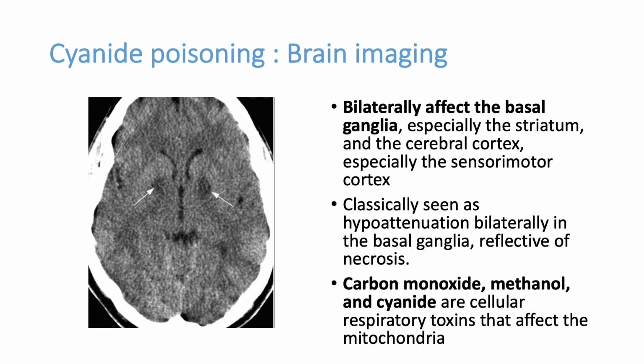So hyperattenuation can be seen in the basal ganglia. It's a classical picture seen in conditions like carbon monoxide poisoning, methanol poisoning, and cyanide poisoning. So this patient is admitted with cyanide poisoning. We may not get time for a CT scan and all, but CT shows this picture.